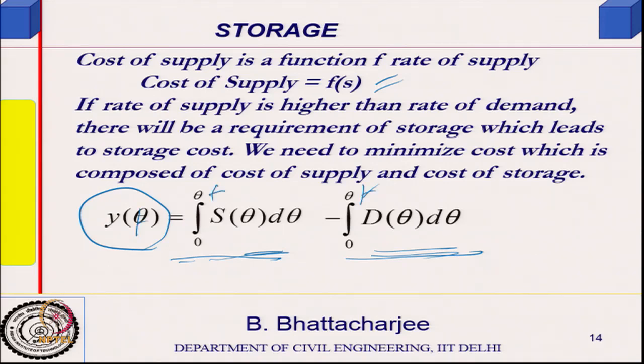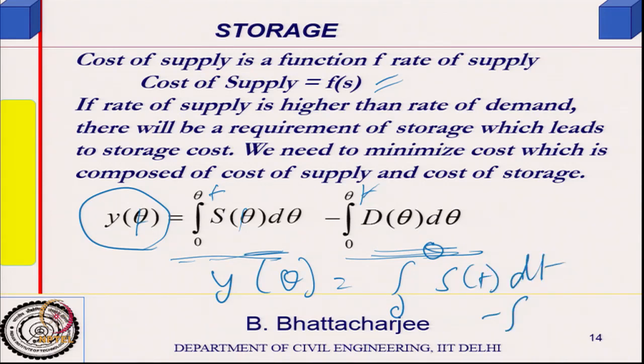So, y is time t, or this should be written as dt, whatever it is. So, it can be written like this: y theta is equal to the integral from 0 to theta of s t dt minus the integral from 0 to theta of d t dt. So, this is the difference, and this difference is what gets accumulated.